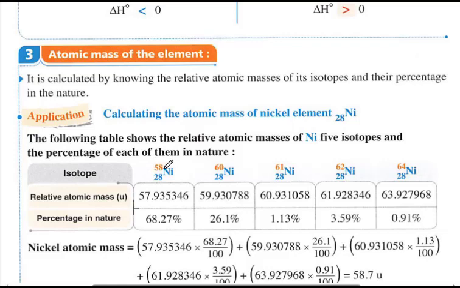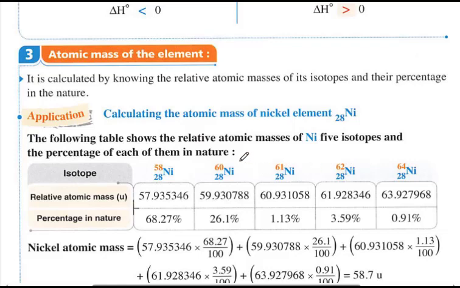The number of neutrons differs from one isotope to another isotope. In this case, there are 5 isotopes of nickel. All these isotopes have 28 protons, but the number of neutrons differs from one isotope to another.